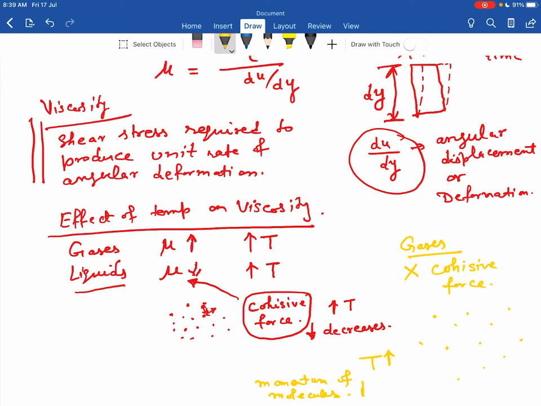Due to this increase in momentum, the molecules move with higher velocity and strike each other at a faster rate. When the gas flows, this striking of molecules reduces the chances of flow. So that resists flow. That means in gases, when we increase the temperature, viscosity also increases. The resistance to flow also increases. So this is the effect of temperature on viscosity.